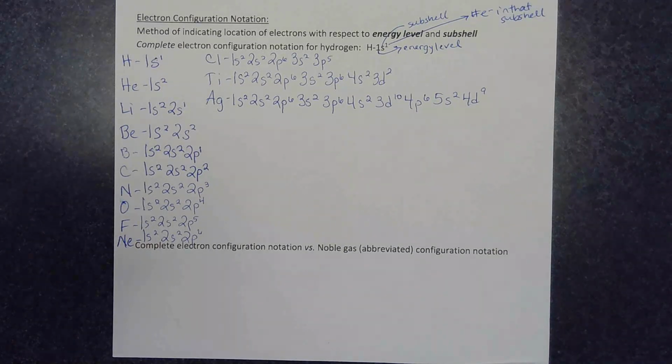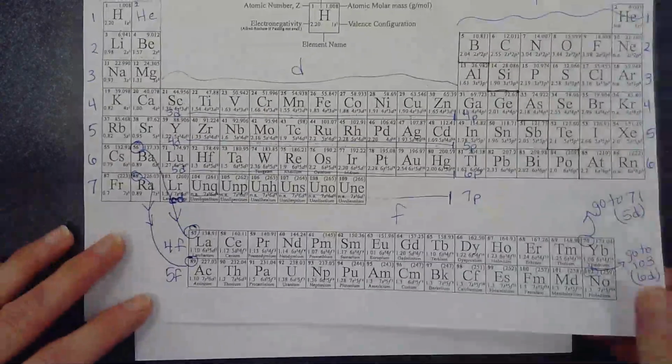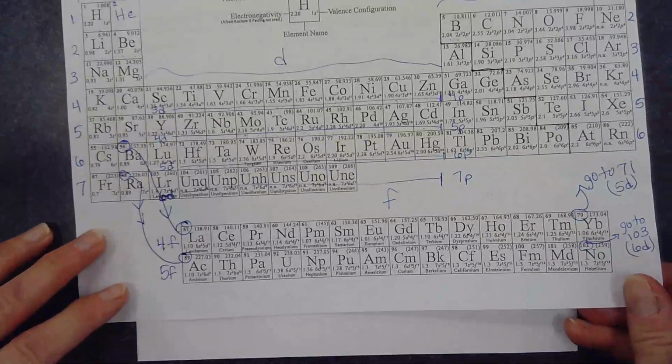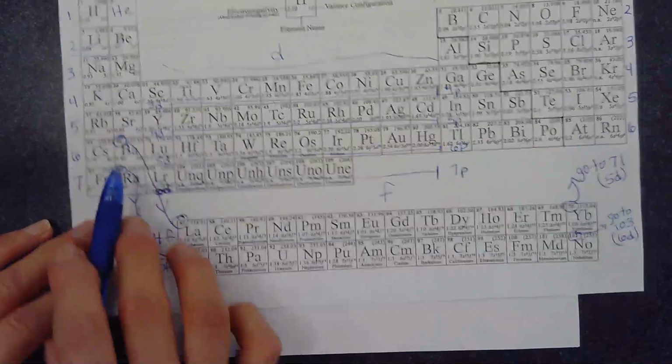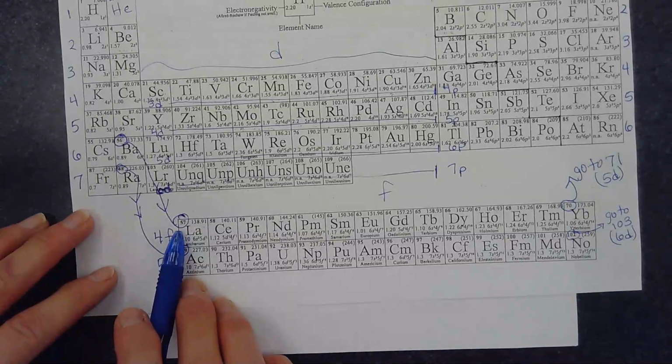Pay attention. Where do you go after 56? Down to 4f. Pay attention to that. After 56, you should have an arrow. Look at your periodic table. After 56, you go down to 4f. That's why I drew this arrow with the numbers.